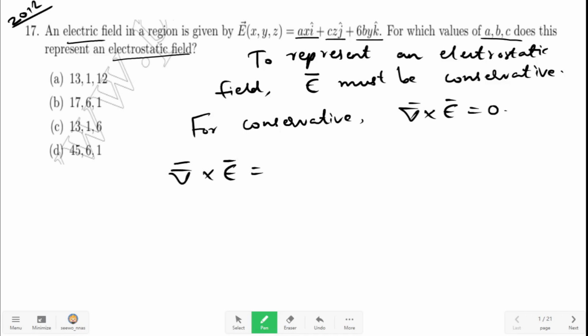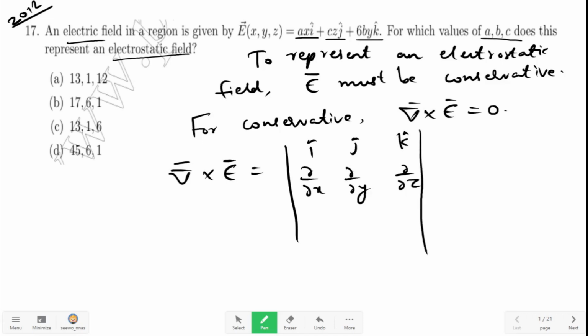Curl of E is equal to the determinant I, J, K, del by del X, del by del Y, del by del Z, and then we have AX, the component in X direction is AX and the component in Y direction is CZ.